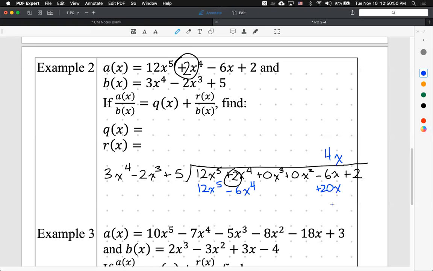There it is. And then notice that I've written the terms underneath the same degrees. Everything in this column is degree 5. Everything in this column is degree 4, degree 3, degree 2, degree 1. My degree 1 terms are matched up.